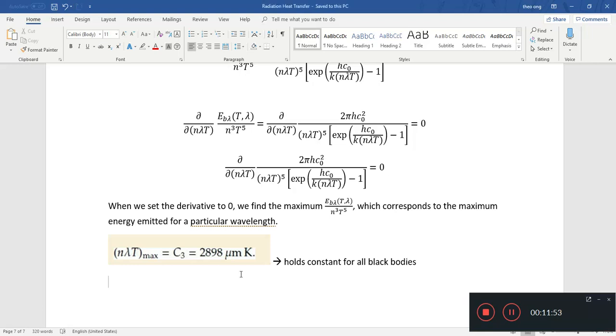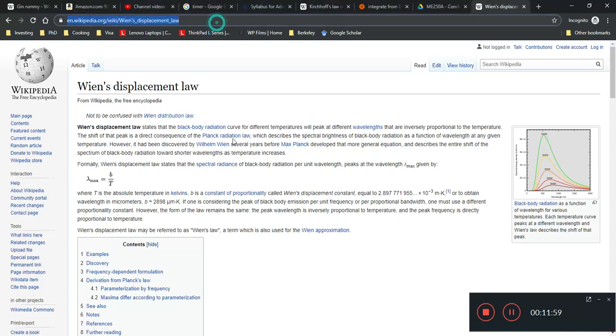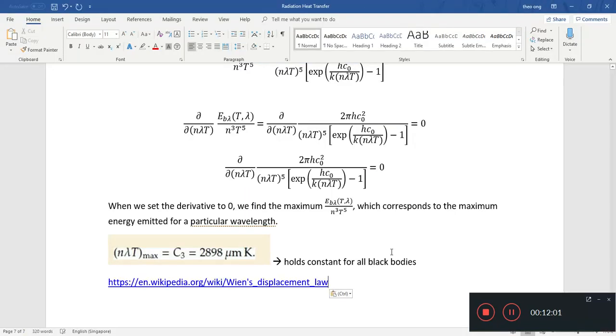And if I'm not wrong, this should be called Wien's displacement law. I'm going to put this inside the journal here. So this thing, you solve it numerically, and then we'll find that this actually holds true. This is based on the refractive index of the medium it's in, and lambda and T max.